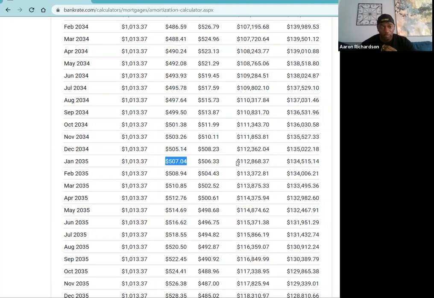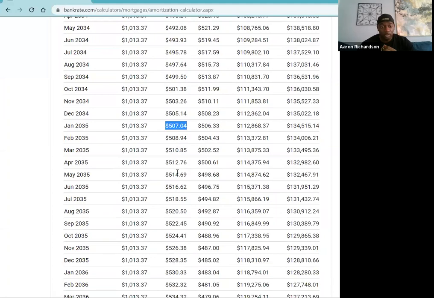So far, in 15 years, if we started in 2020, we would have paid about $112,000 toward interest, and our balance would be reduced to $134,515. So this is the point at which we break even, and from this point on, we're applying more towards the principal balance than we are interest.